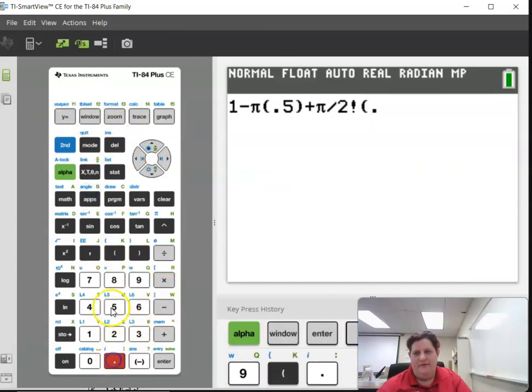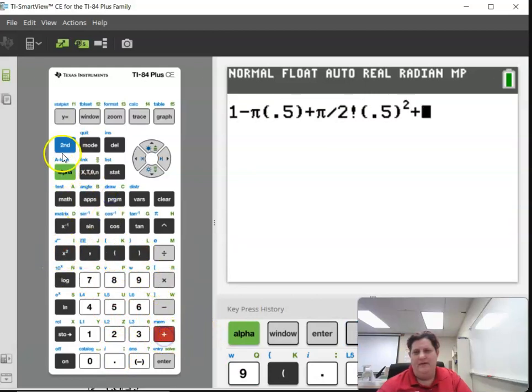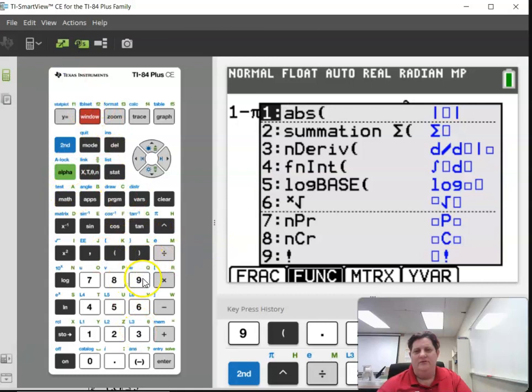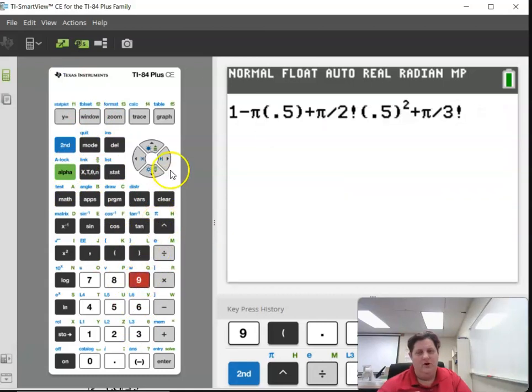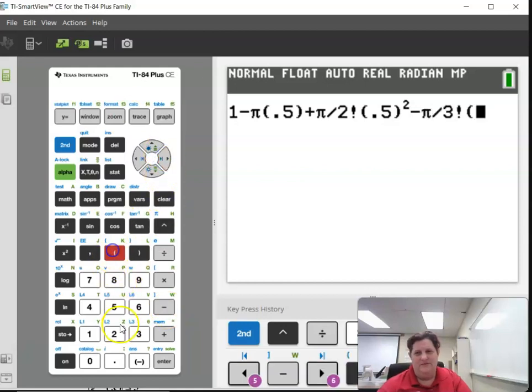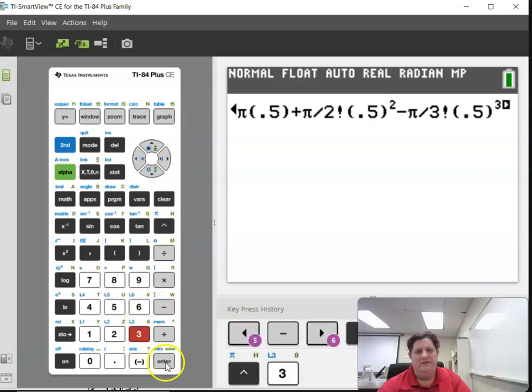And then 0.5 squared. And then, I hope I'm typing this in right, pi over 3 factorial. Oh, that was supposed to be minus because I'm alternating. Times 0.5 to the third.